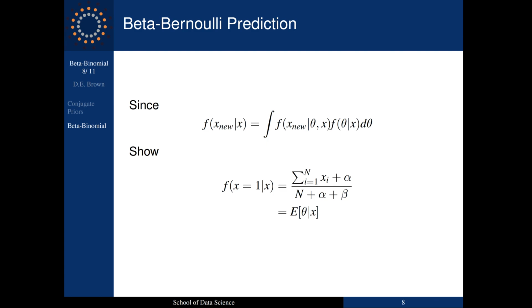If we do that, we can easily find the density function for a value of 1 in this new Bernoulli trial, and it's just given by the posterior mean, as shown. So it's a very simple thing for us to predict new values given this conjugate analysis with a beta-binomial conjugate family.